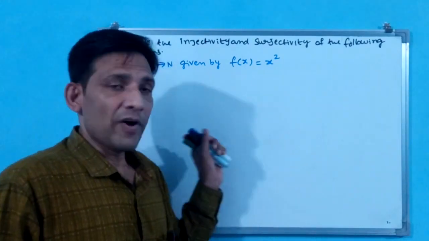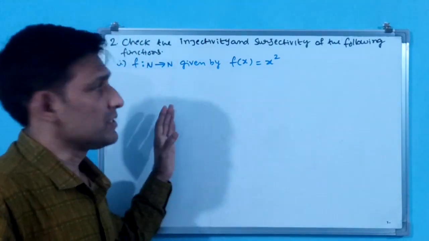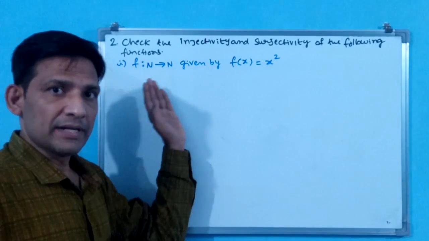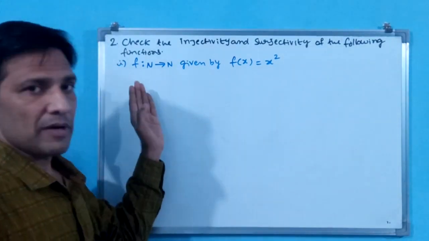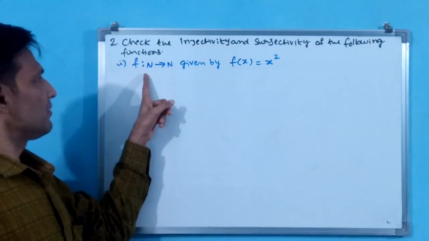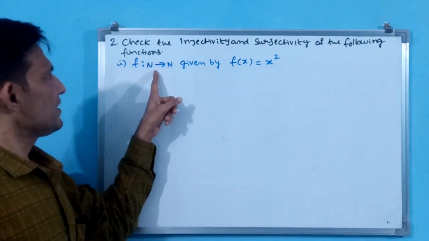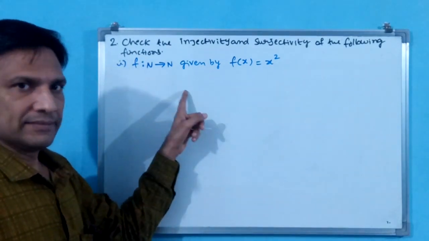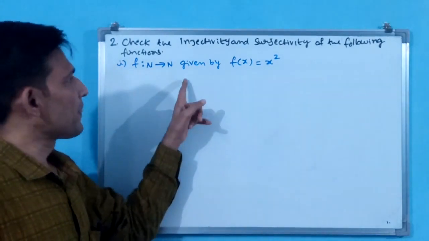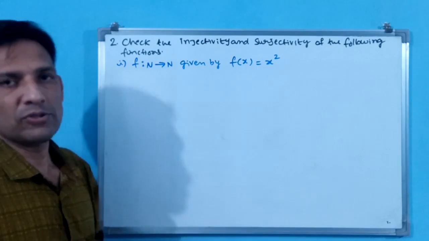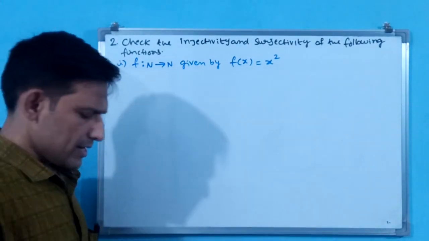Okay, five sub-problems have been given, a, b, c, d, e, 1 2 3 4 5 under the second problem. Then one by one we will see. First part of the second problem: the function is between natural numbers, N to N, given by f of x is equal to x square. Let us see.